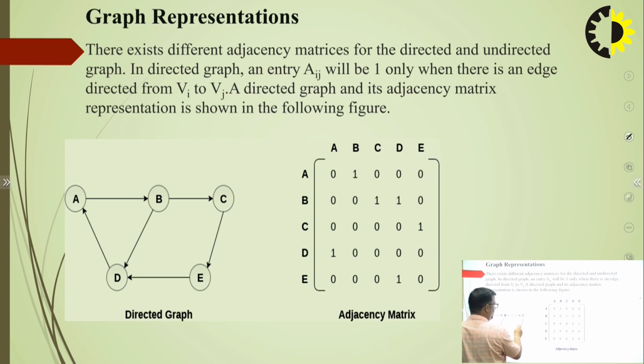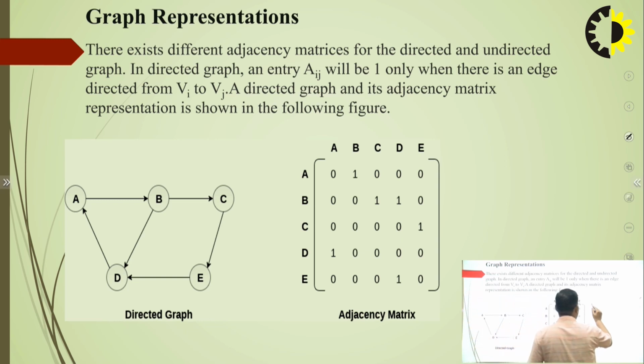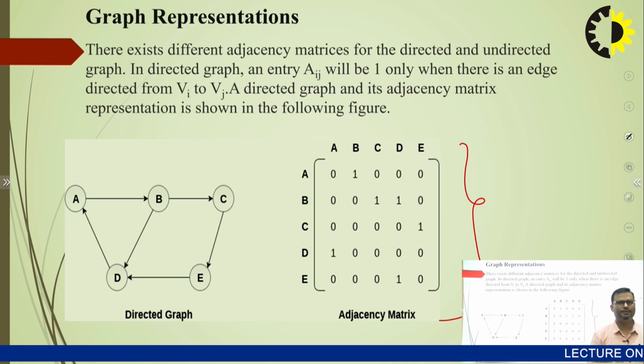Then B to C 1 and B to D 1, all others 0. Then C to E 1, all remaining 0. Then D to A 1, all remaining 0. And E to D 1, all remaining 0. This is how we create the adjacency matrix of the directed graph. Got it?